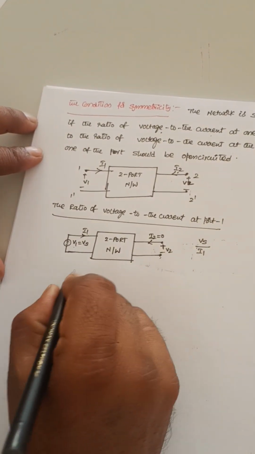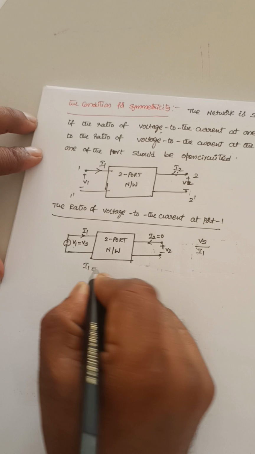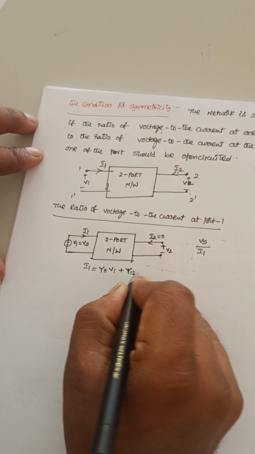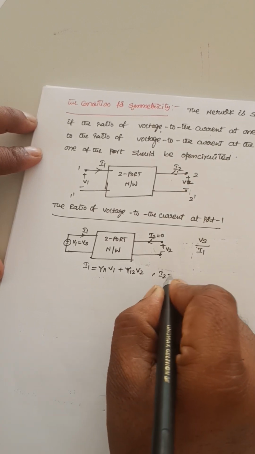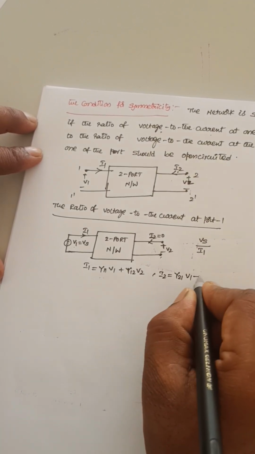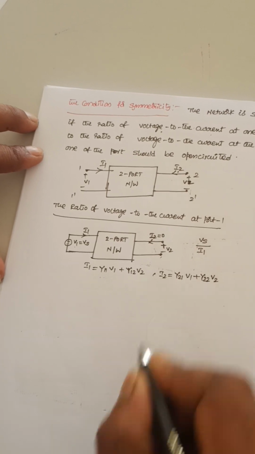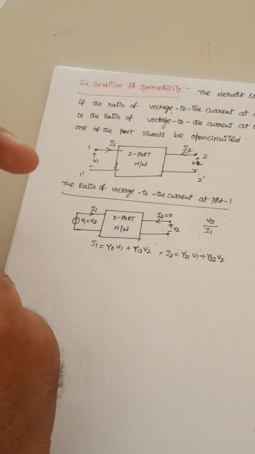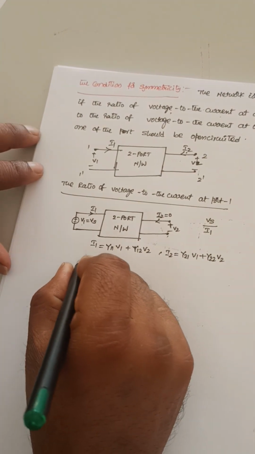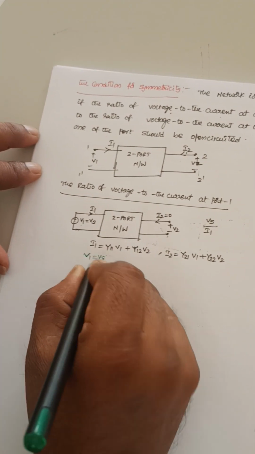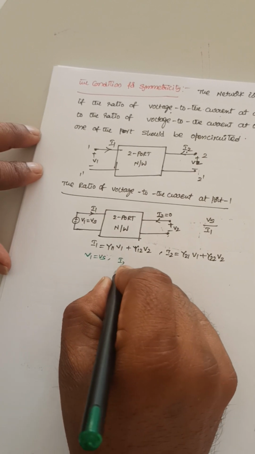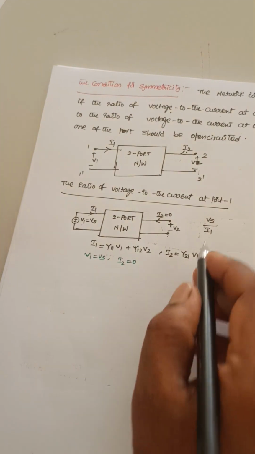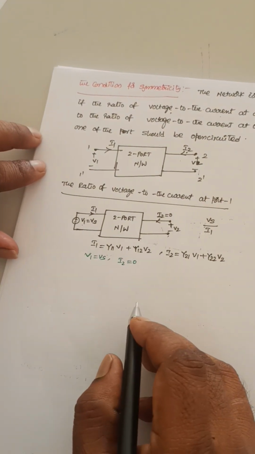Let me write these equations. I1 is equal to Y11 V1 plus Y12 V2. I2 is equal to Y21 V1 plus Y22 V2. The conditions here are V1 is equal to Vs and I2 is equal to 0. Substitute in these expressions and try to calculate Vs by I1.